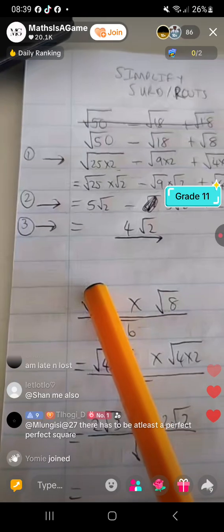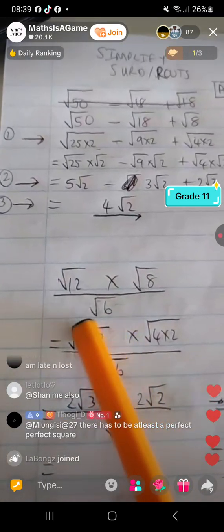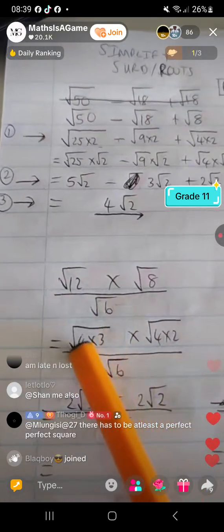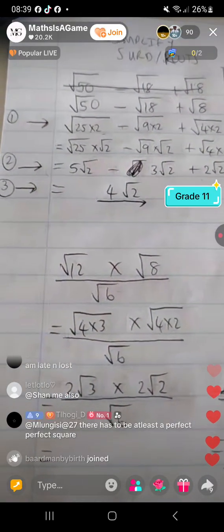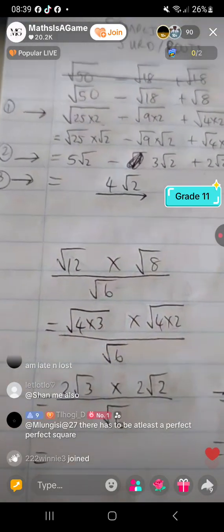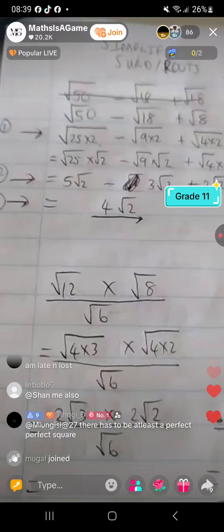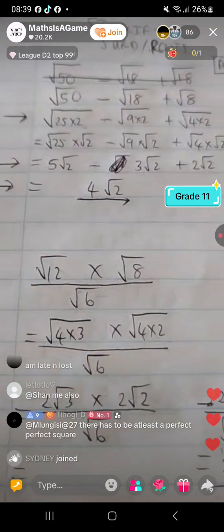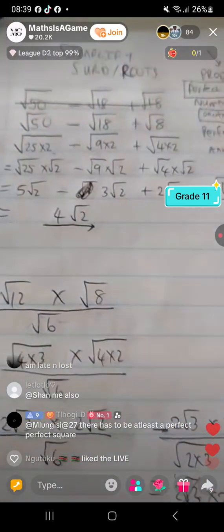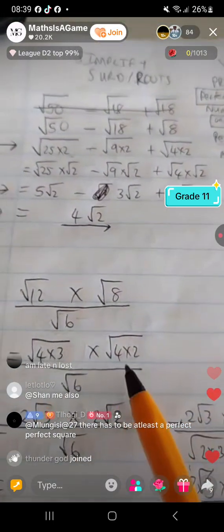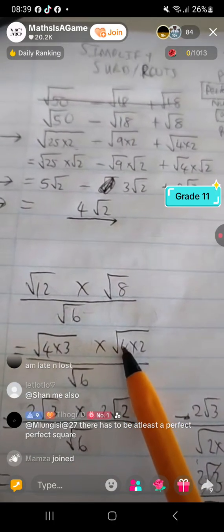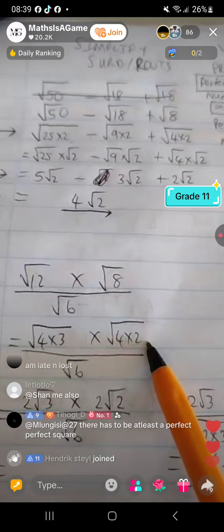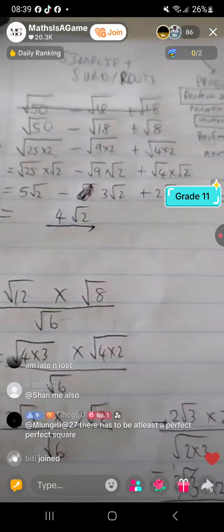So that's why, for instance, with 12, we are very deliberate in the choice of factors that we choose. We don't choose 1 and 12. We don't choose 2 and 6. But we choose 4 and 3. 8, we don't choose 1 and 8. We choose 4 and 2 because this is a perfect square number, this is another number. Why are we going for perfect squares, guys?